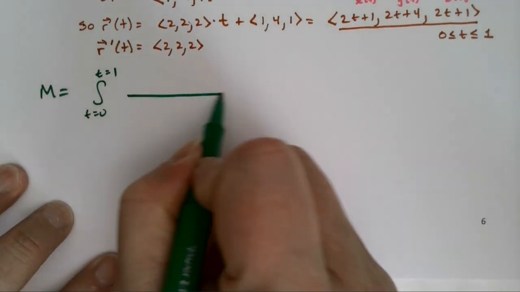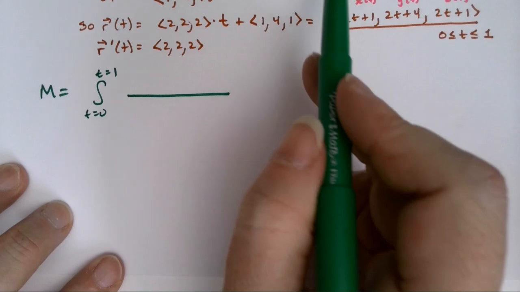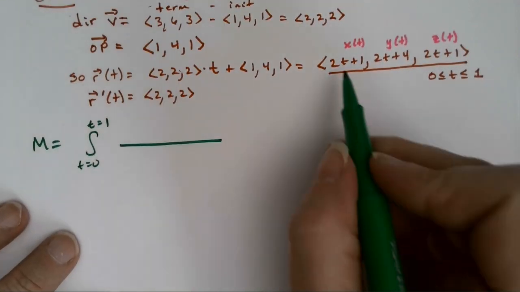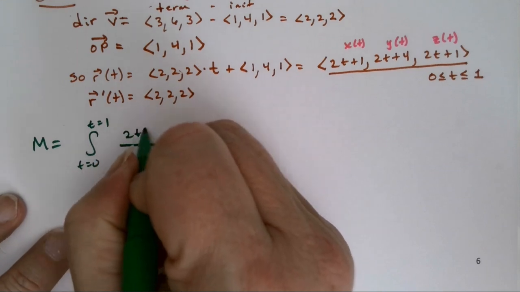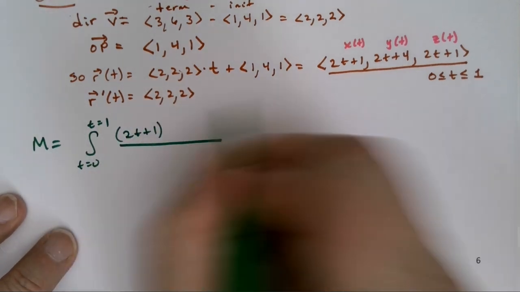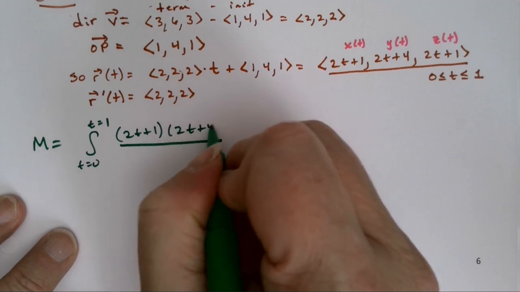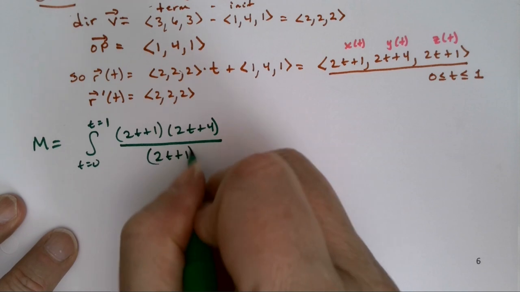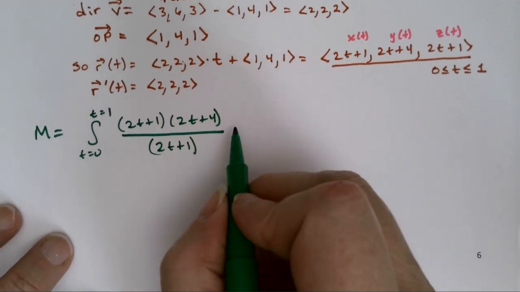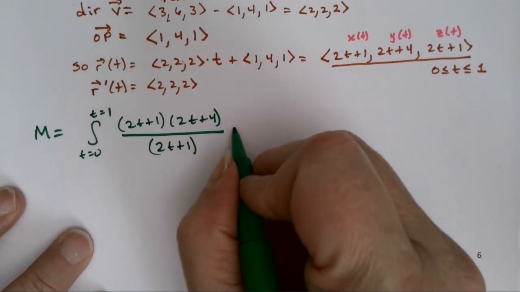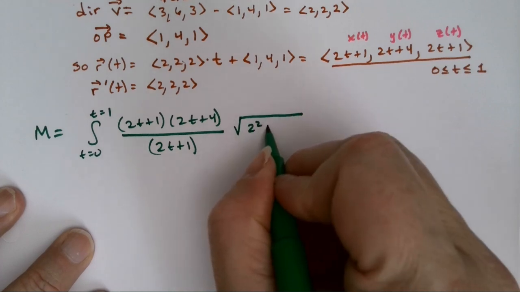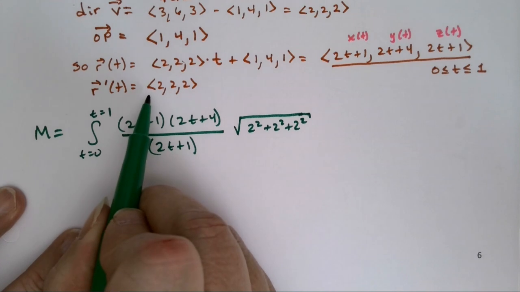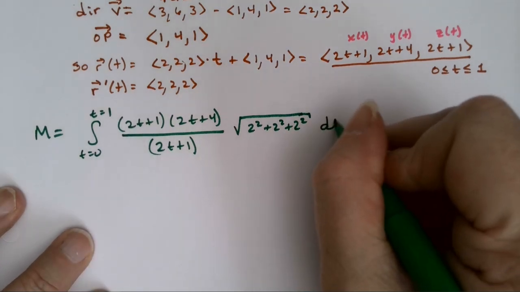All right, then it was x times y over z. That was our function, x times y over z. X is now 2t plus 1. Y is now 2t plus 4. Z is 2t plus 1. And then instead of ds, I would multiply it by the magnitude of 2 squared plus 2 squared plus 2 squared, right, the magnitude of my derivative, and then dt.